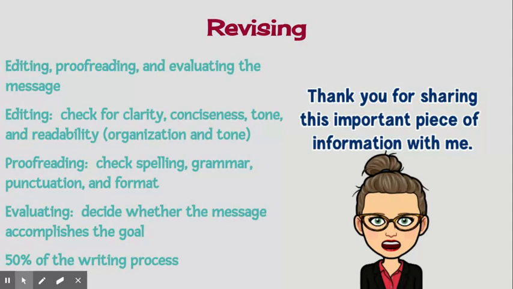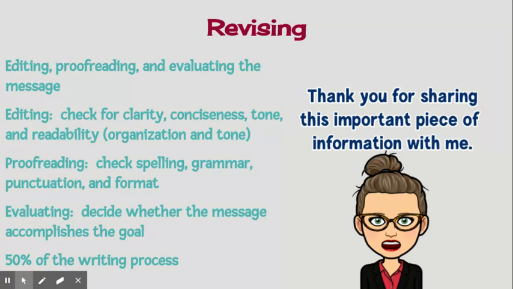Now, revising isn't typing or writing a pretty draft. This is where you edit, where you proofread, where you evaluate your message. Editing is where you check for clarity, conciseness, tone, and readability, both in organization and tone.